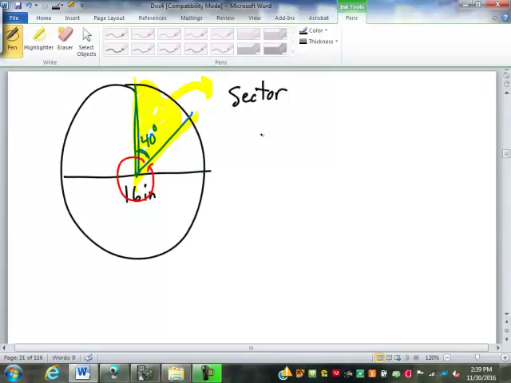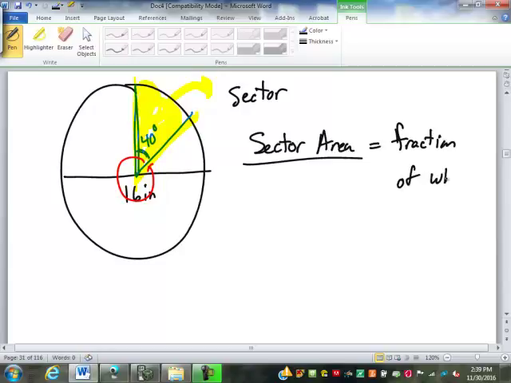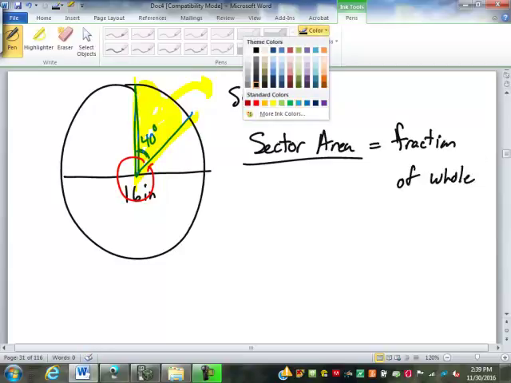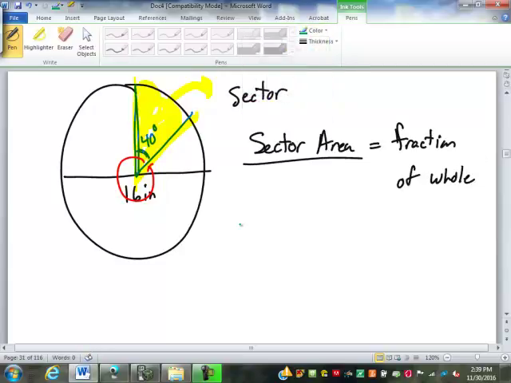So the sector area, just like finding the half circle or quarter circle, it is a piece of the whole circle. It is a fraction of the whole circle. So our first step is to find the area of that whole circle.